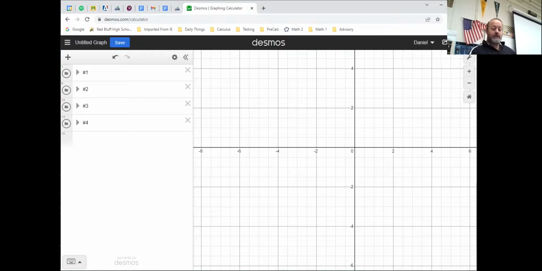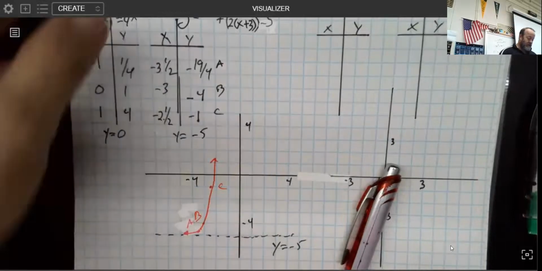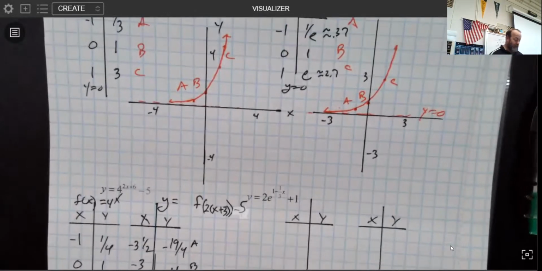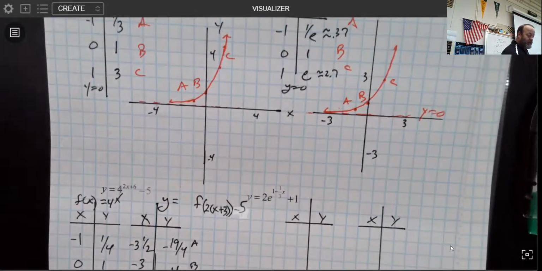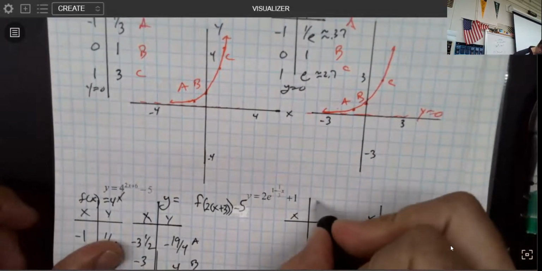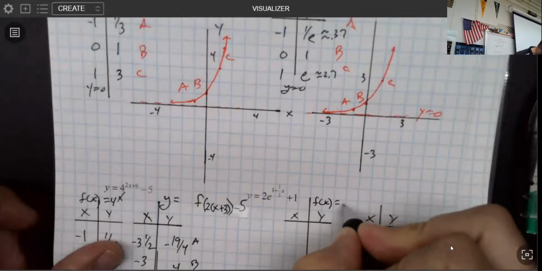Now, of course, the last one is the one that I think most students would probably have the least level of confidence in, and that's when we start dealing with E. And there's a couple extra little nuggets in here that are problematic for people. So let's start with this idea that my parent function f of x is e to the x, which I already did above.